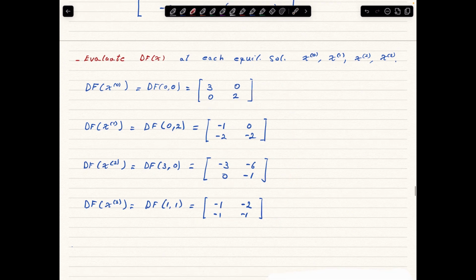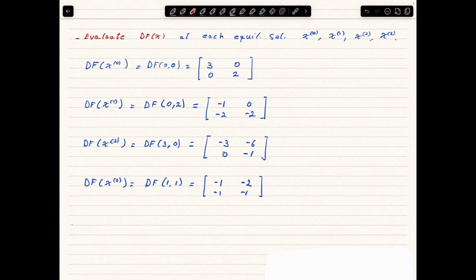So now we need to solve linear systems. The next step is more or less here: solve the linear systems. What linear systems?